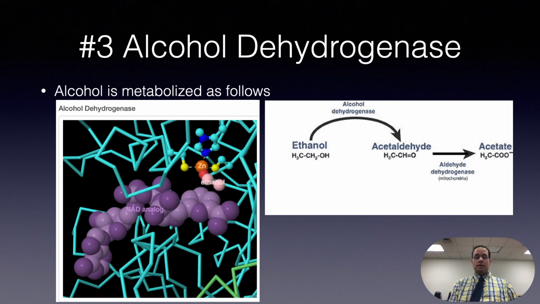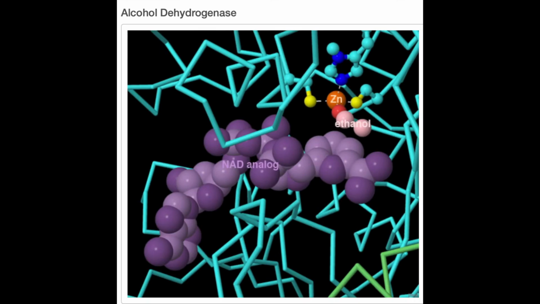On the left, I have a little video. First, I want to show you the zoom in here for alcohol dehydrogenase. So we've got this NAD analog here. It's a cofactor that binds into the alcohol dehydrogenase. We've got a zinc atom here in kind of orange, and there's a couple of side groups on some proteins that hold this zinc atom in here.